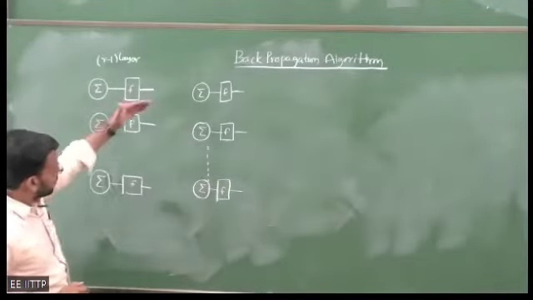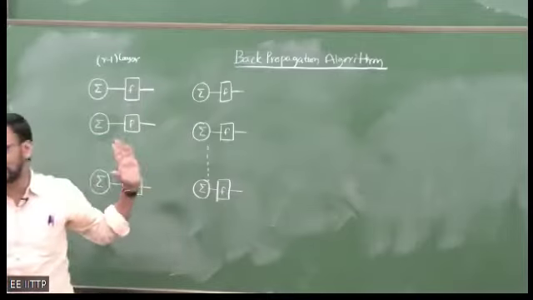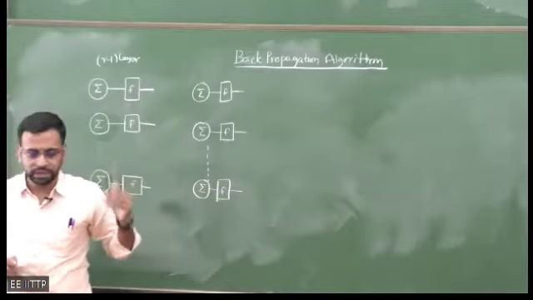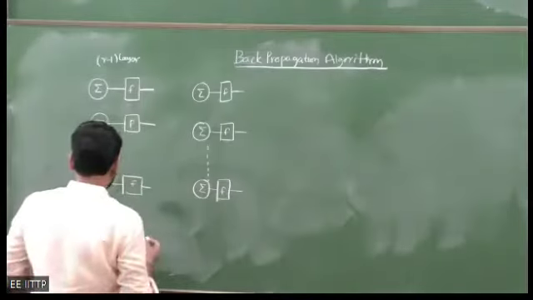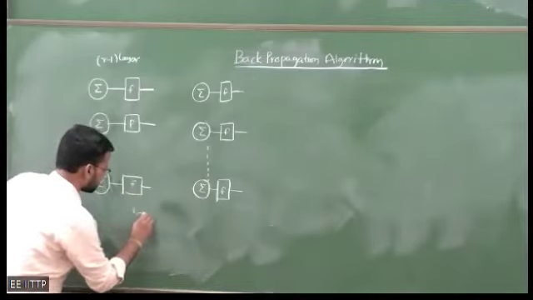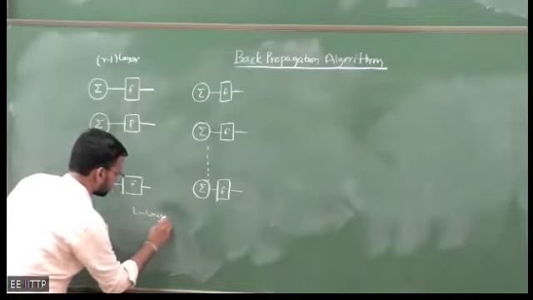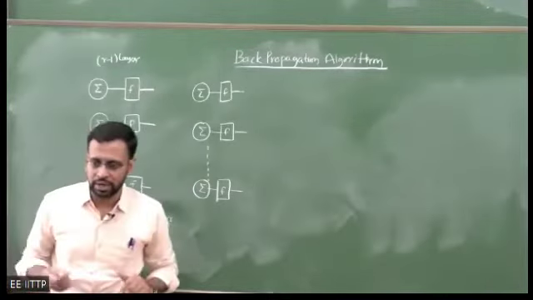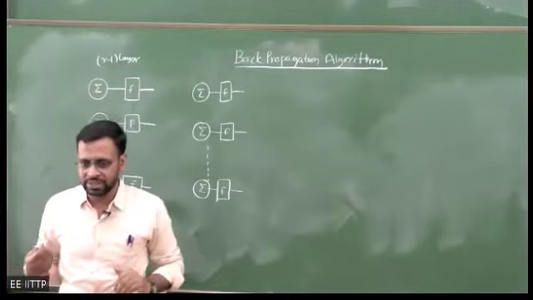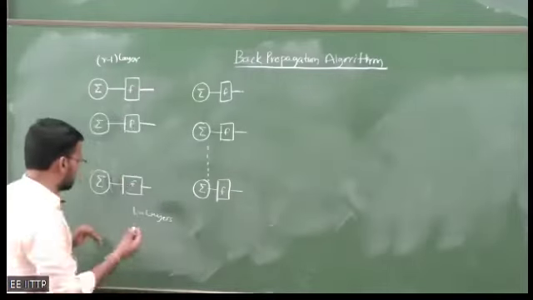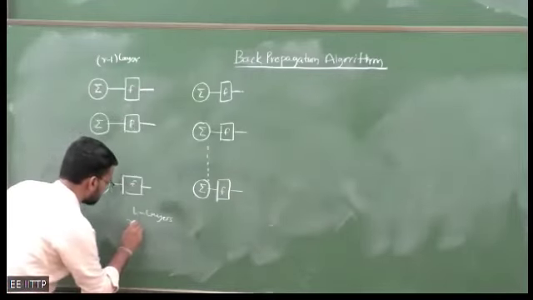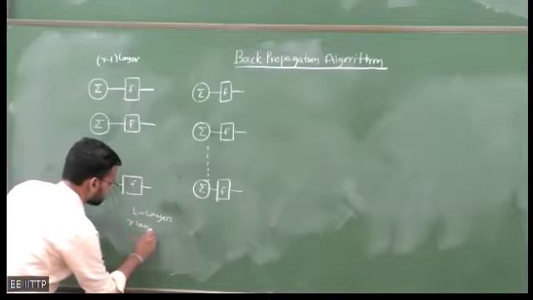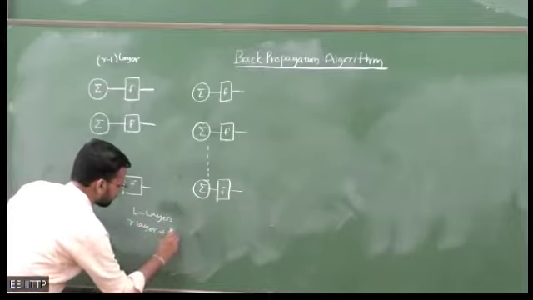Again, the number of neurons in each layer could vary, right? So let us assume that there are capital L layers, and the number of neurons in the R layer be k subscript r.